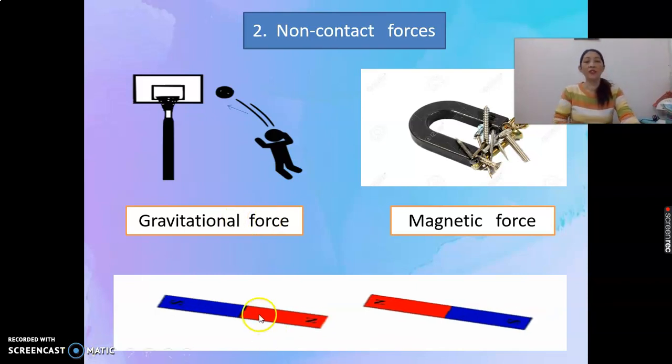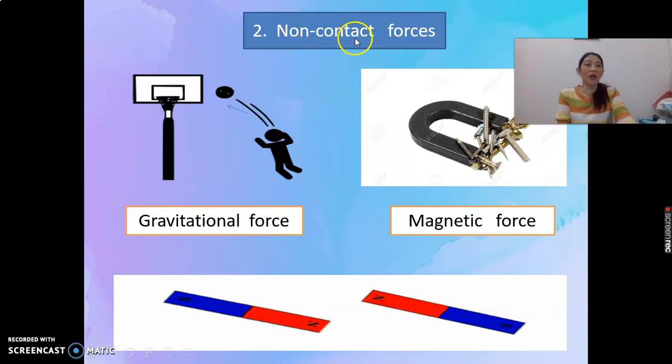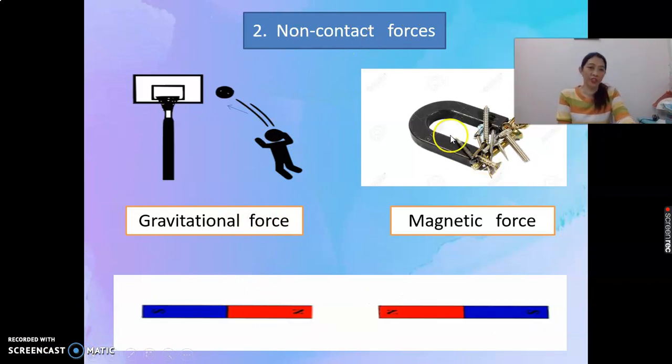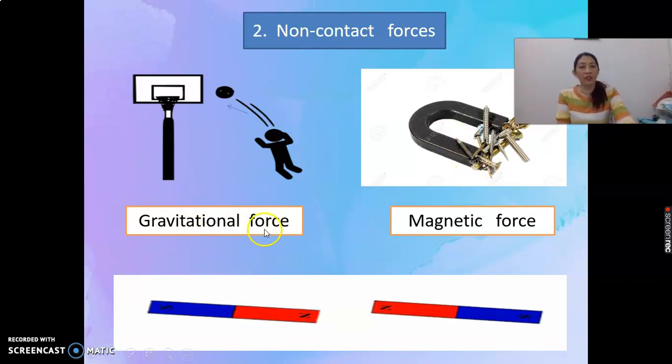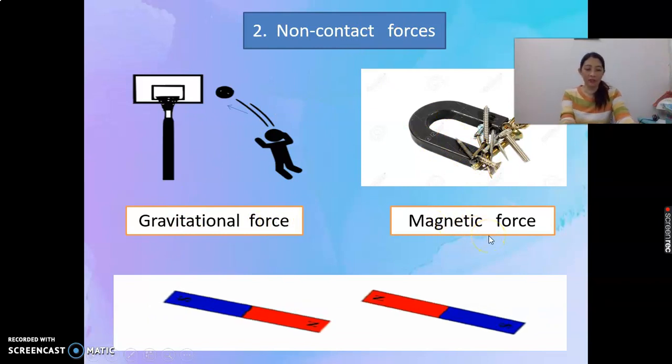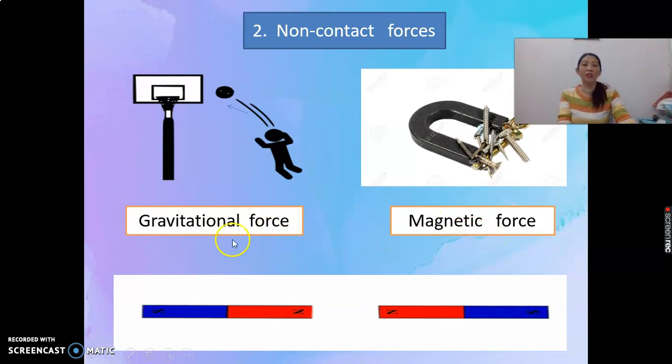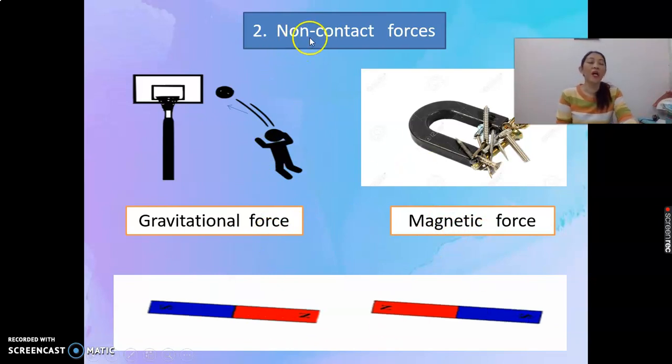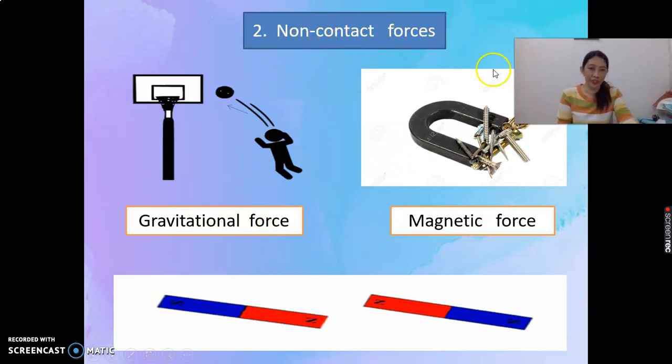This is an example of non-contact forces. Again, gravitational force, magnetic force, and same poles are examples of non-contact forces.